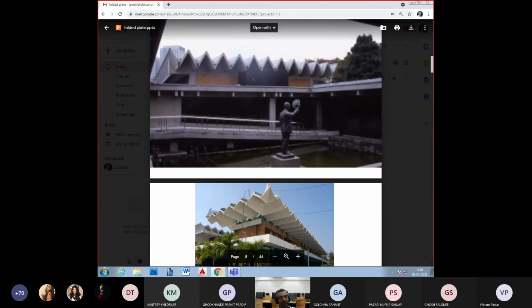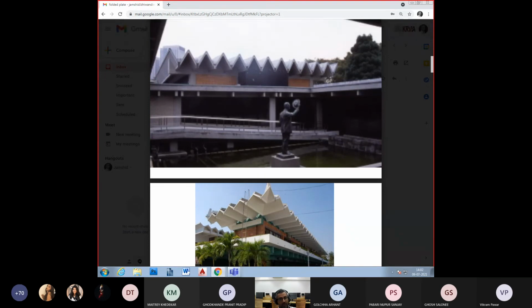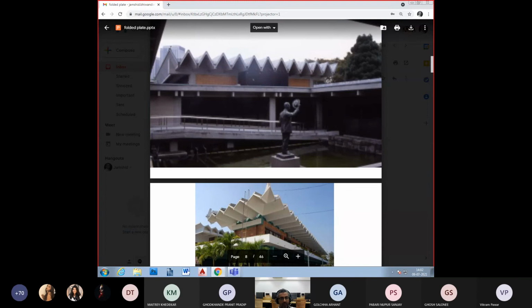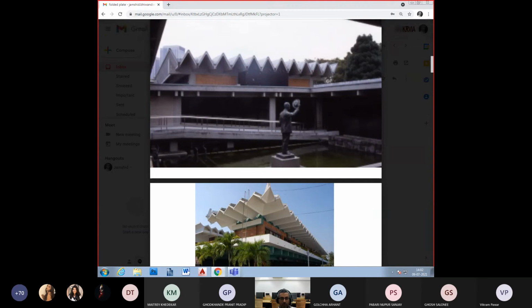And naturally, on the first floor, you can see how the folds come out beyond the diaphragm wall. Here, thankfully, the diaphragm wall does not go through the entire fold in order to transfer its load or to give stiffness to the folds.